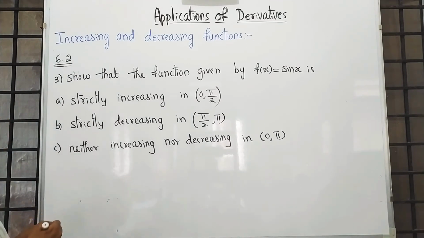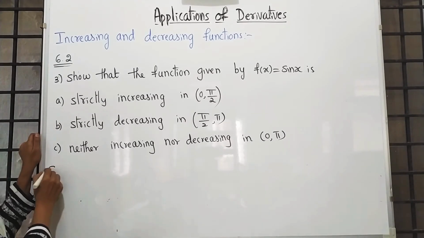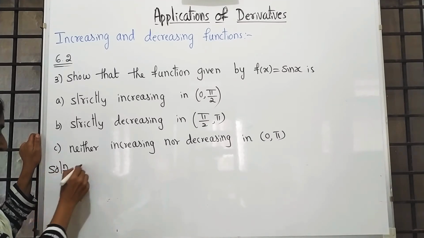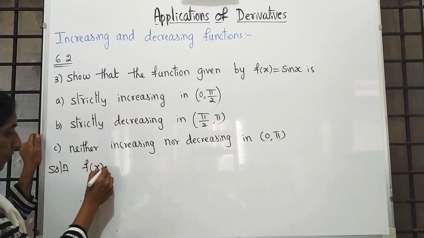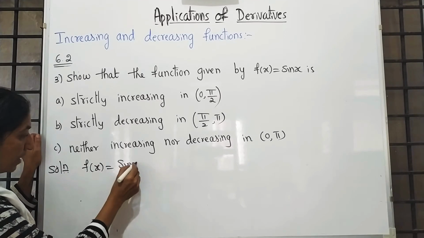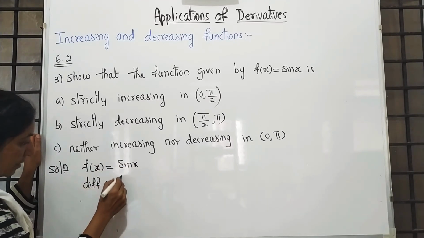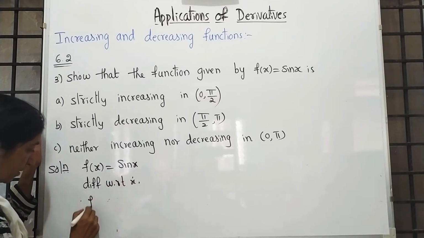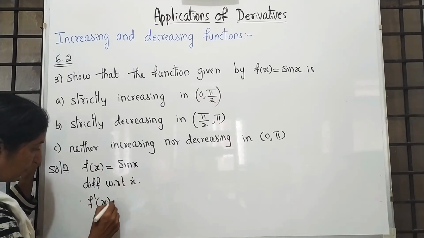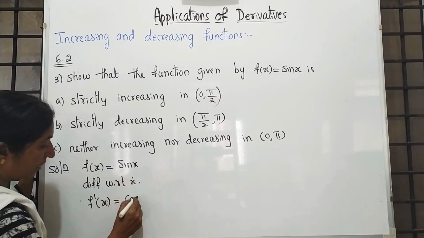As usual, first we have to find the derivative. So the given function is what? The given function is f of x is equal to sin x. Differentiating with respect to x, f dash of x, differentiation of sin x is what?